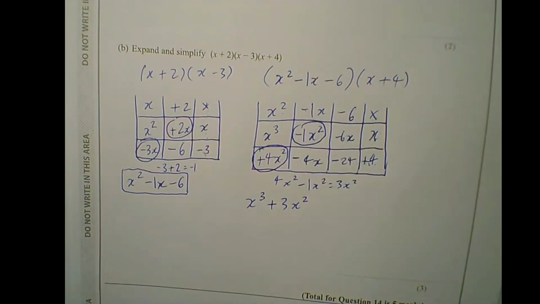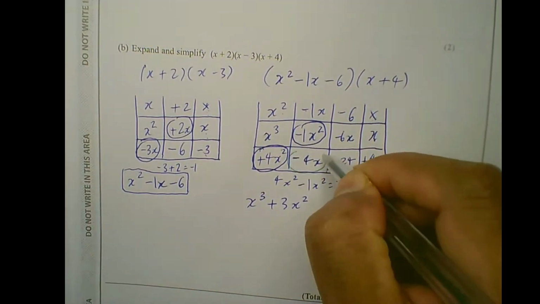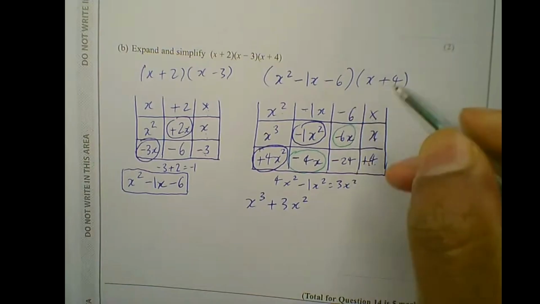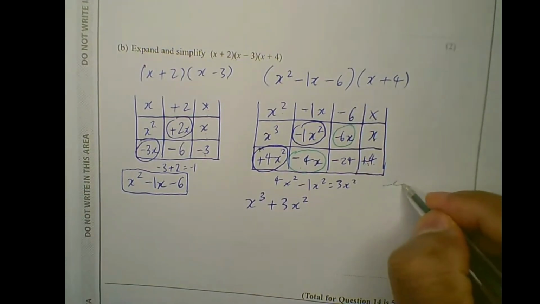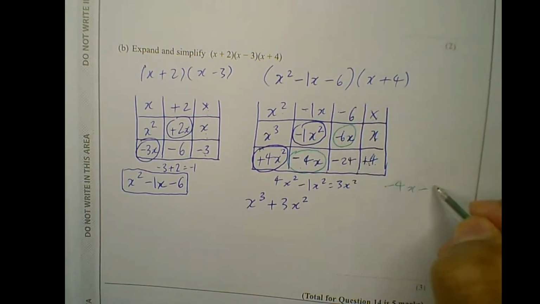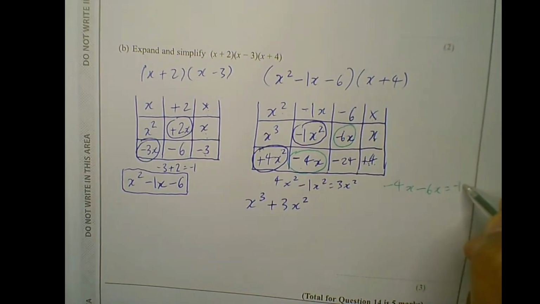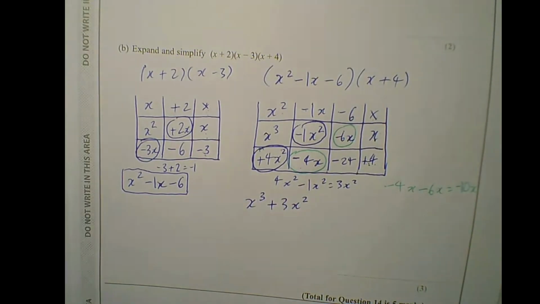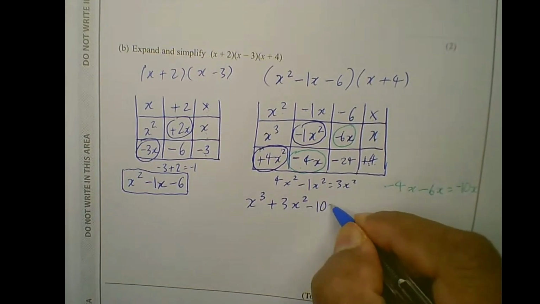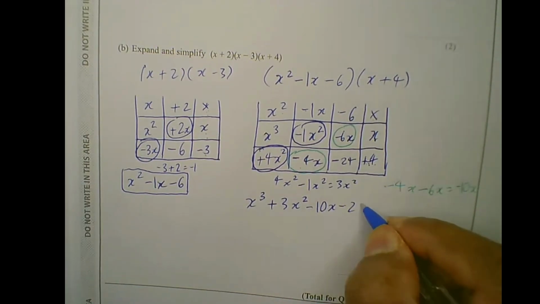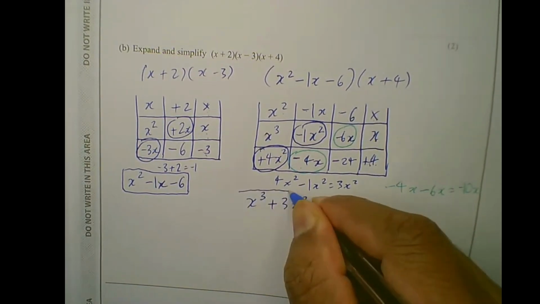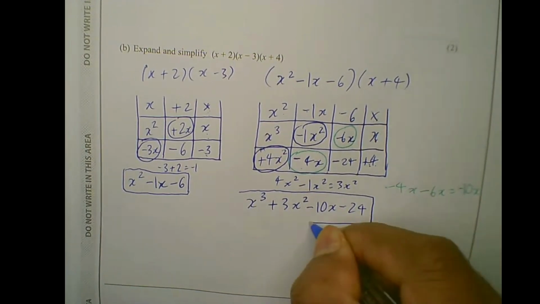Should have circled that. Now my next one, I'm going to look at my x term. So this is x term. This is x term. Minus 4x, take away 6x, gives me minus 10x. So that becomes minus 10x. And then take away 24. And that is my final answer.